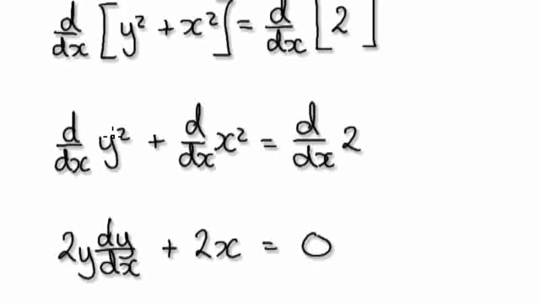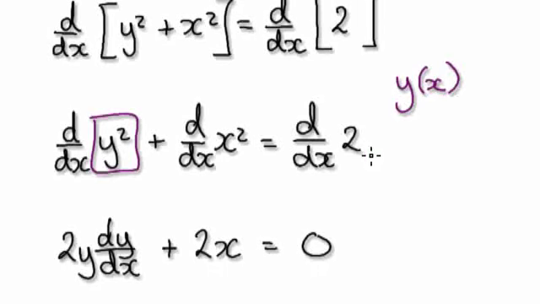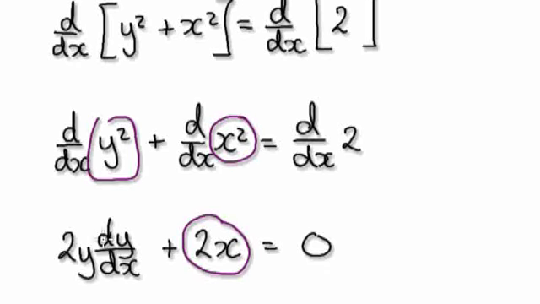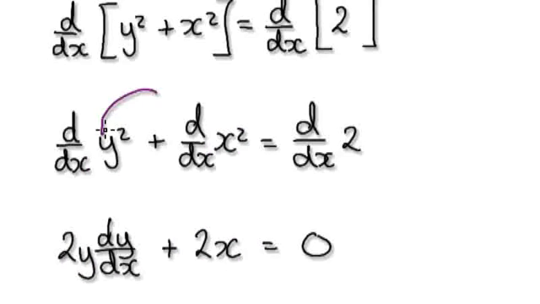Here you've got y. Remember, y is a function of x. So when you differentiate x squared here, it just becomes 2x. But when you differentiate y squared, you've got to differentiate the y squared itself, and then times it with this thing here. And there's a reason for that.